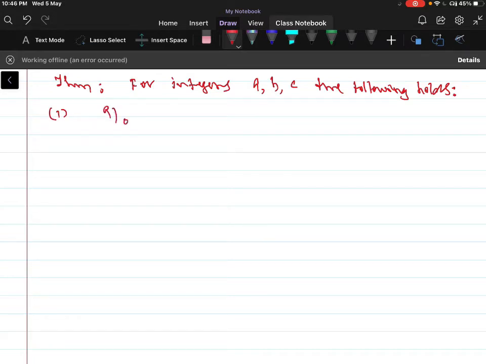a divides 0, because 0 can be written as a into 0, so that is equal to 0. Therefore a divides 0. 1 divides a, because a is equal to 1 into a, so this implies 1 divides a.